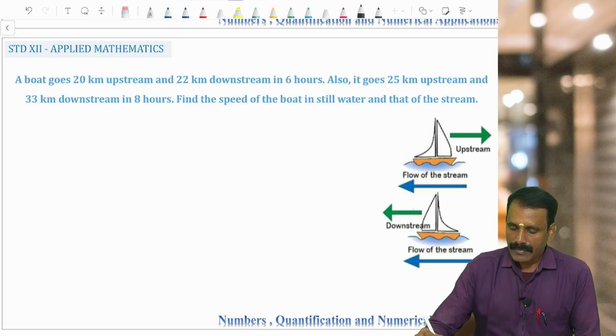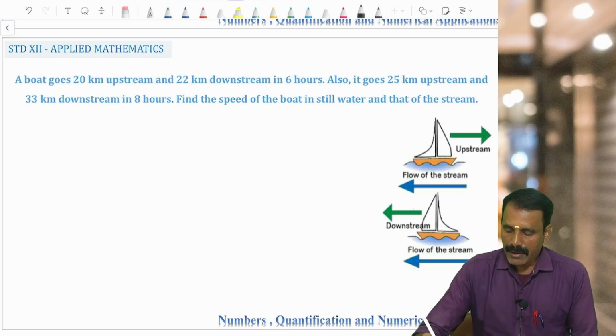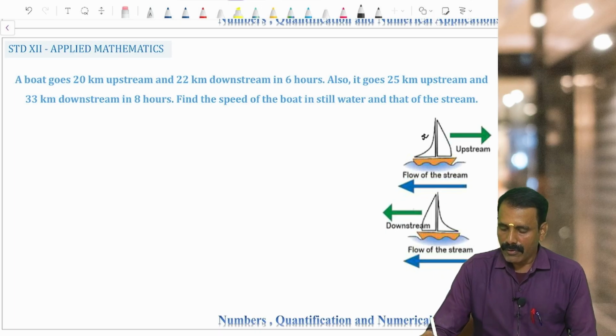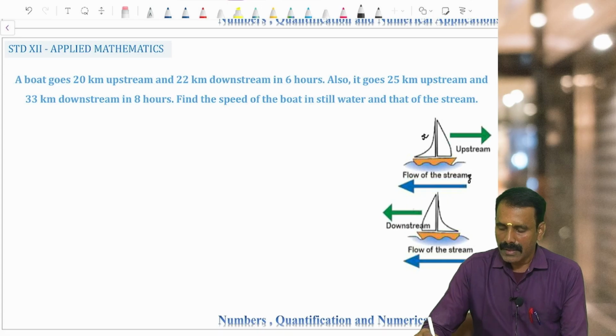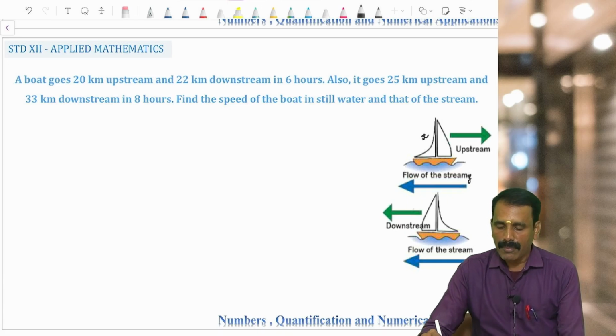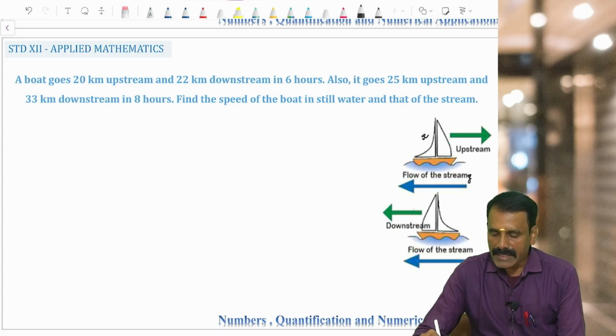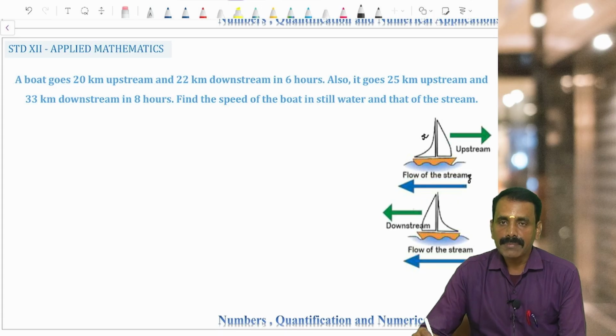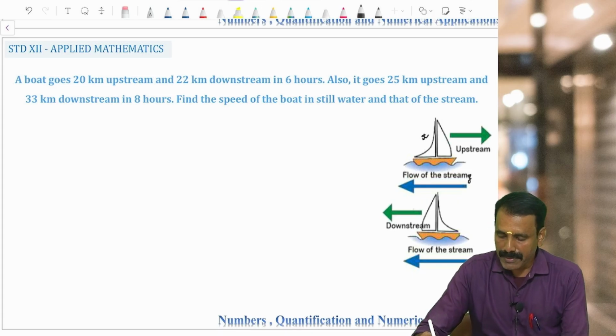So we are having speed of the boat, we are going to take it as x, and the flow of stream is taken as y. It is upstream. When the boat goes against the flow of water, then the speed gets reduced. So speed of the boat in upstream will be x minus y.